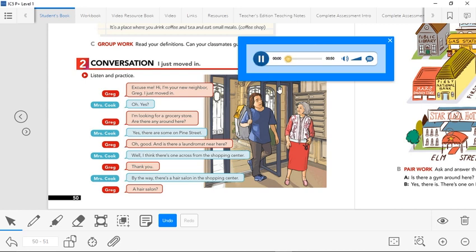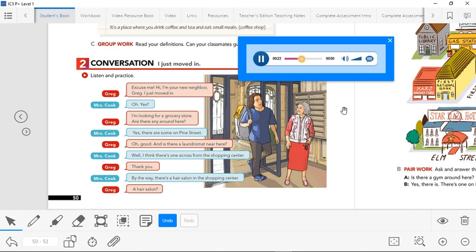Unit 8. How's the neighborhood? Page 50. Exercise 2. Conversation. I just moved in. Listen and practice. Excuse me. Hi, I'm your new neighbor, Greg. I just moved in. Oh, yes.